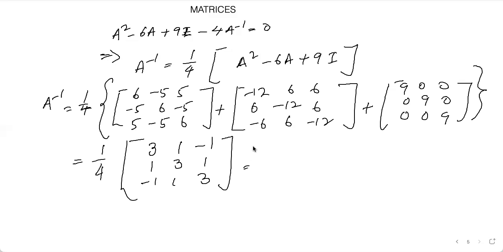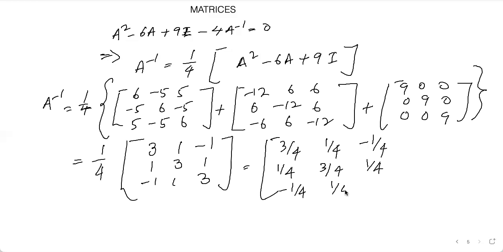And further simplifying it, we get 3 by 4, 1 by 4, and minus 1 by 4, and 1 by 4, and 3 by 4, and 1 by 4, and the last one, minus 1 by 4, 1 by 4, and 3 by 4, right? So this will be your A inverse. Hence we have verified the Cayley-Hamilton theorem, as well as found A inverse also.